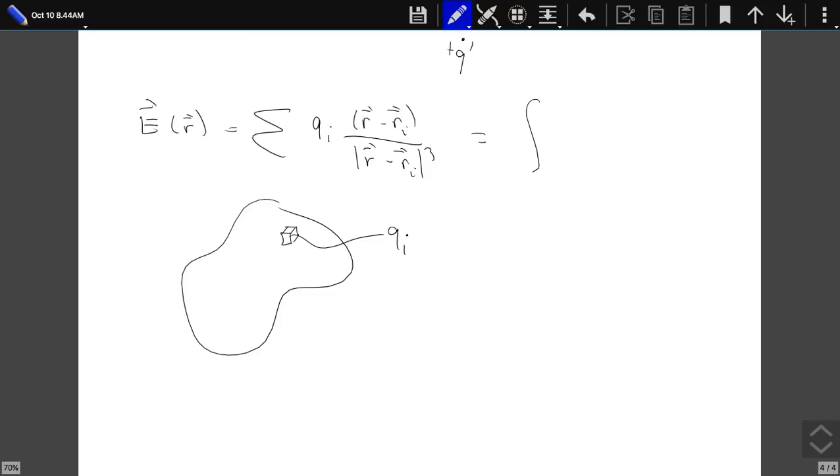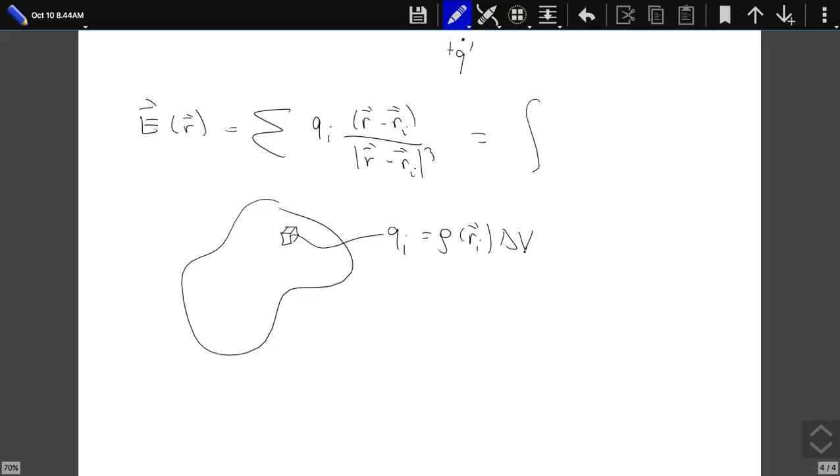These cubes behave like a point charge, so we can use the summation. But we will be replacing this Qi by the density, rho at Ri, times delta V.